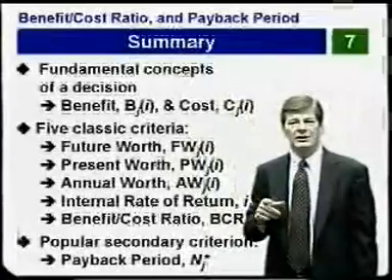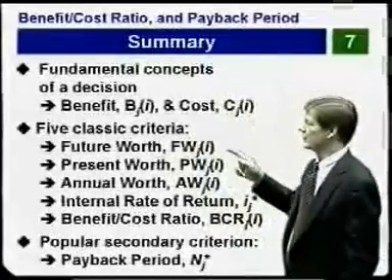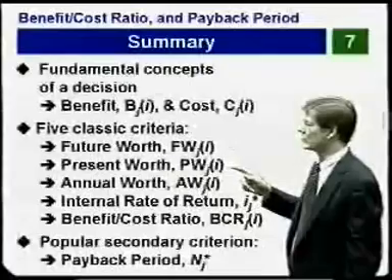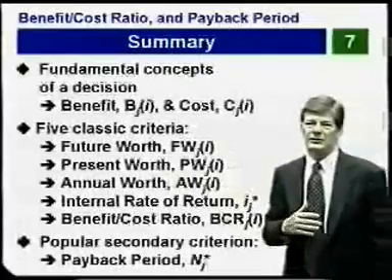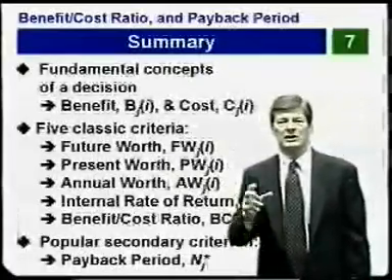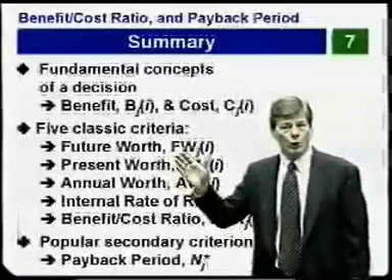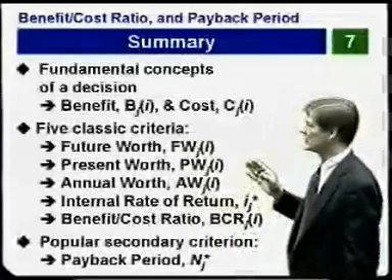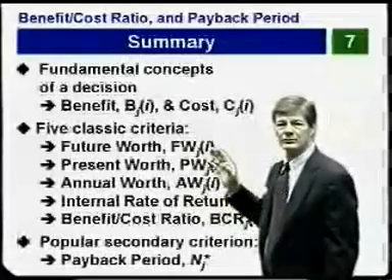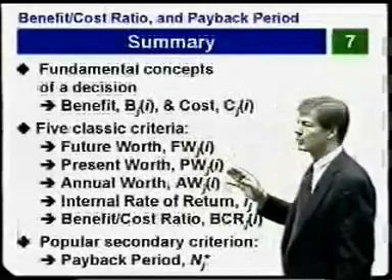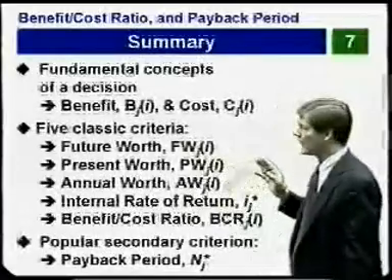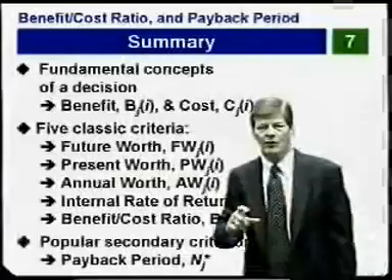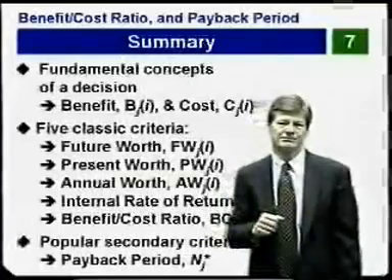The next lecture, we then introduced future worth, present worth, and annual worth. They're simply ways to express the economic merit or worth of an opportunity by expressing it as a singular future amount or a singular present amount or as a uniform stream over a period of time.